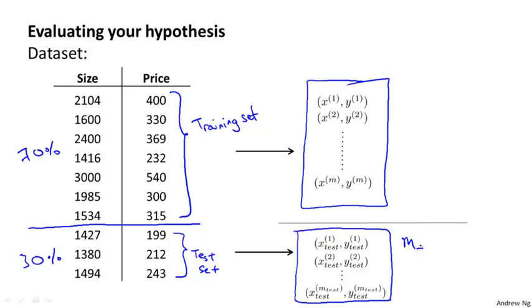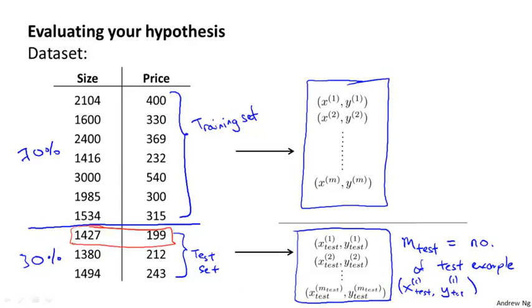And here I'm going to use the notation m subscript test to denote the number of test examples. And so in general, this subscript test is going to denote examples that come from my test set, so that x1 subscript test, comma y1 subscript test is my first test example.